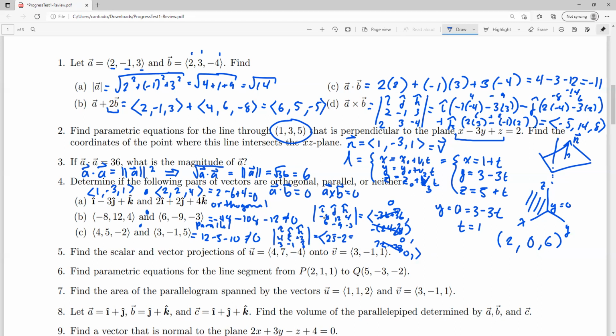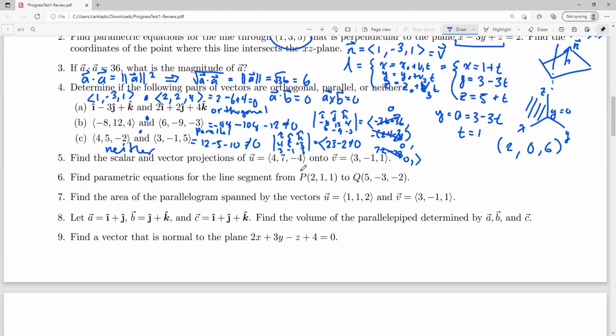And that right there is not equal to 0. So you can immediately stop right there, because neither the dot product nor the cross product is equal to 0. This is neither. Very straightforward, just testing your dot product and cross products, right?